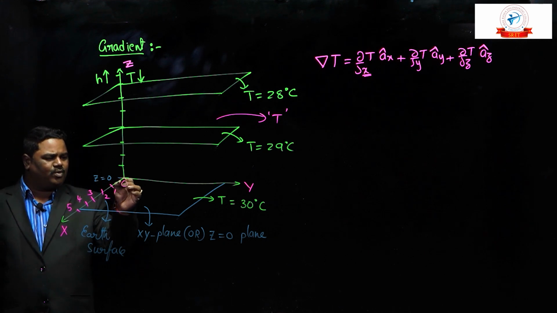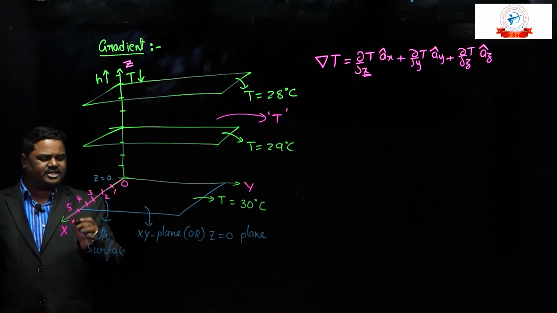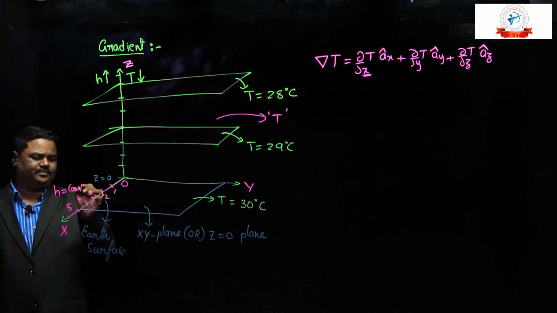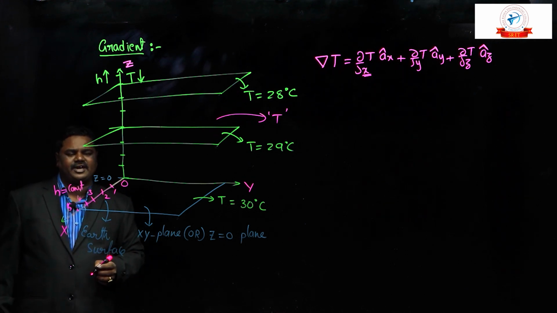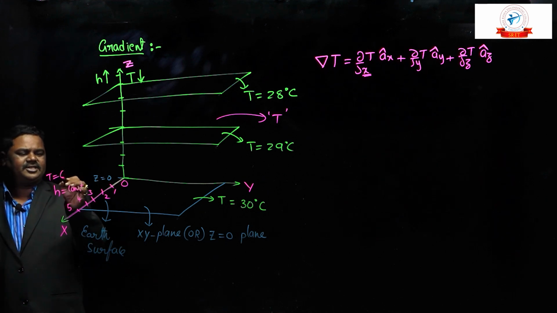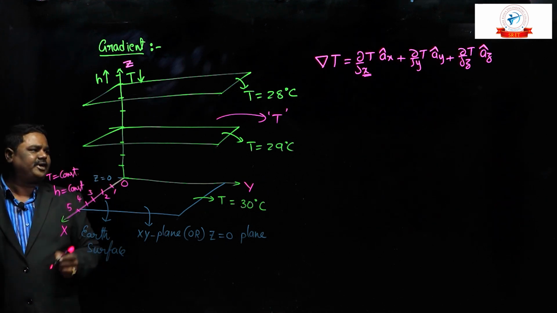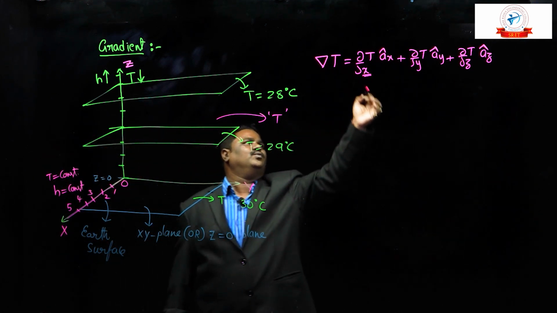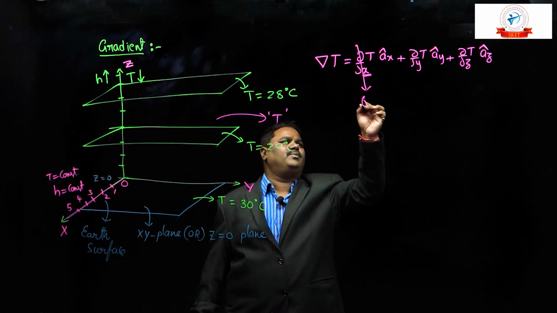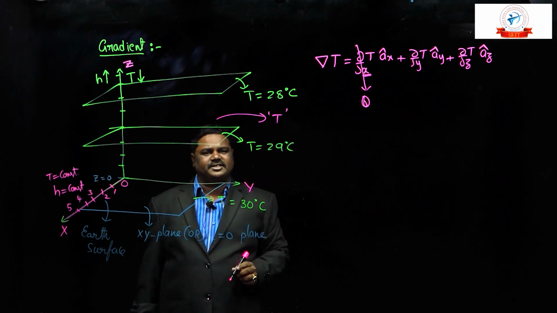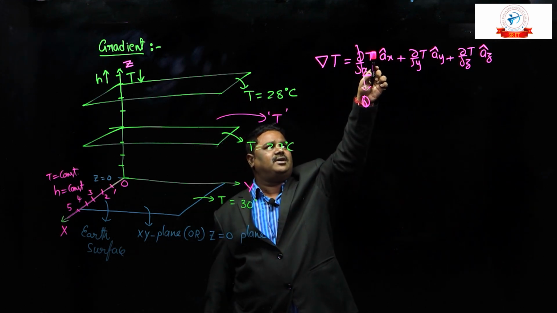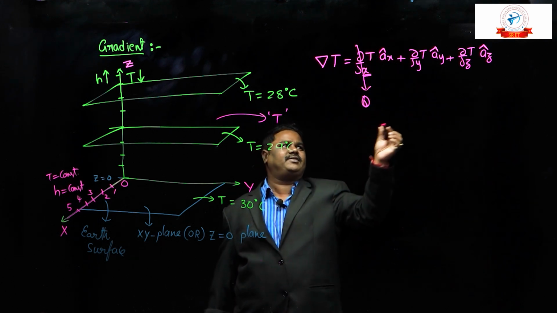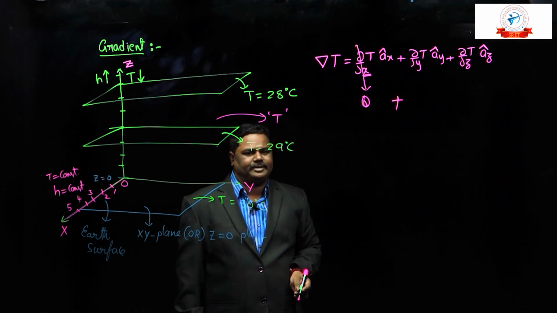When we move along the x axis, height does not change. Height is constant. When height is constant, temperature is also constant. When temperature is constant, dou by dou x of T will become 0. That means the temperature does not change with respect to x, so the first term is 0.